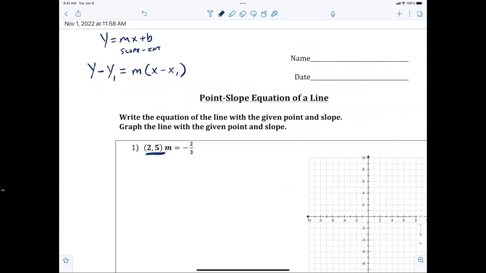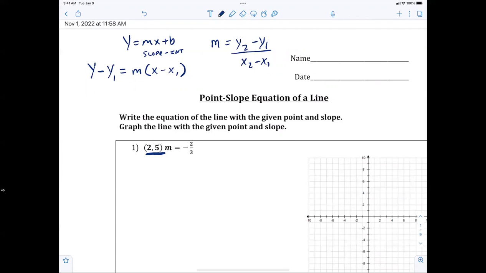So who remembers what the slope formula is? What was the slope formula between 2 points? y2 minus y1 over x2 minus x1. That's exactly right. So watch now. Everybody write this at the top too. m equals y2 minus y1 over x2 minus x1.